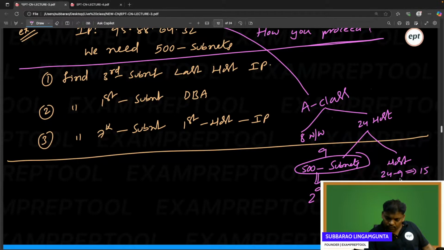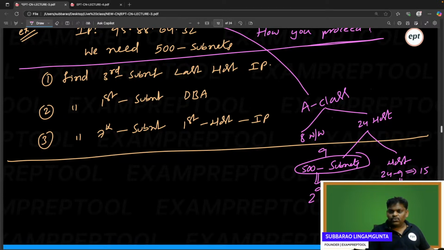So with the 15 bits, 2 power 15 minus 2 hosts possible. Previously 24 bits for host, now only 15 bits. If you add 15 and 9, it is 24.